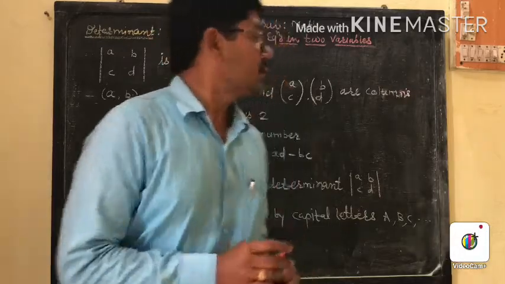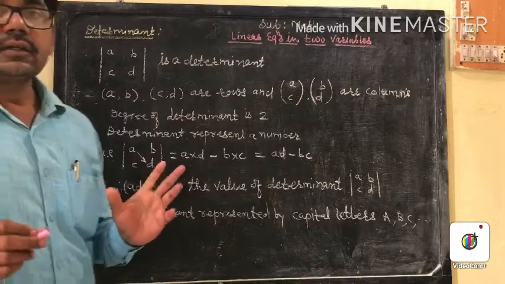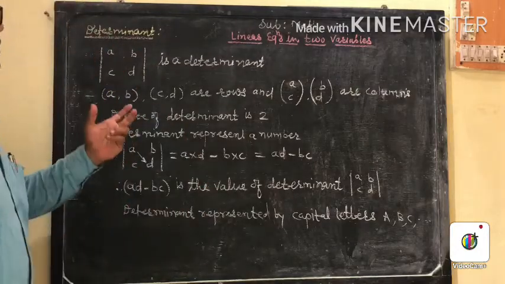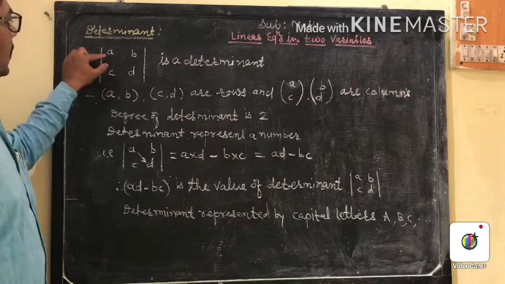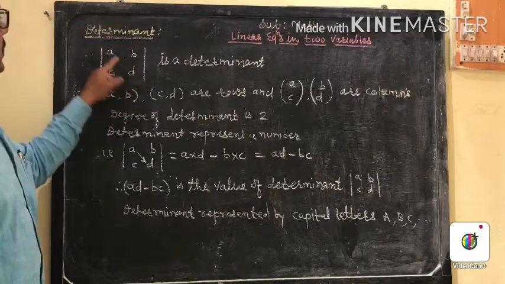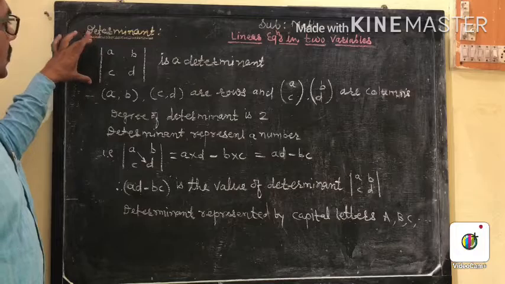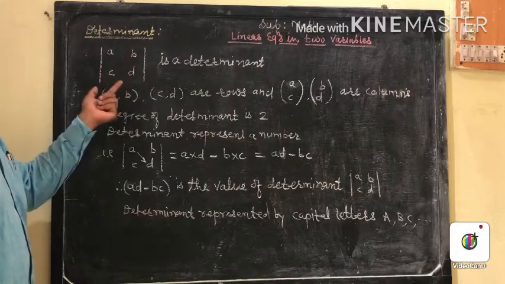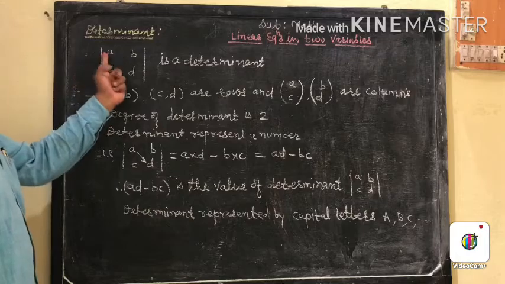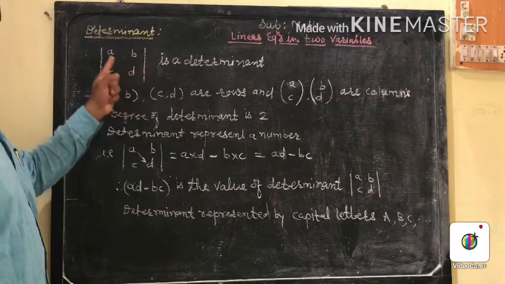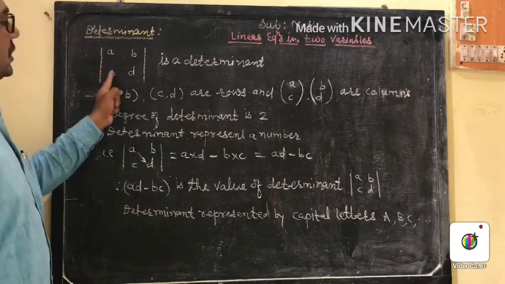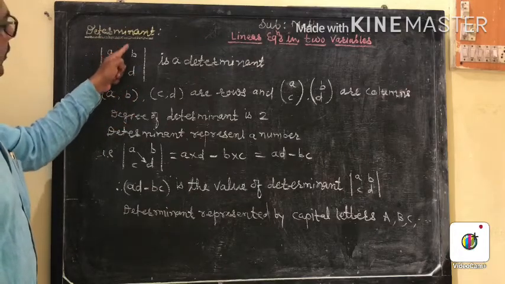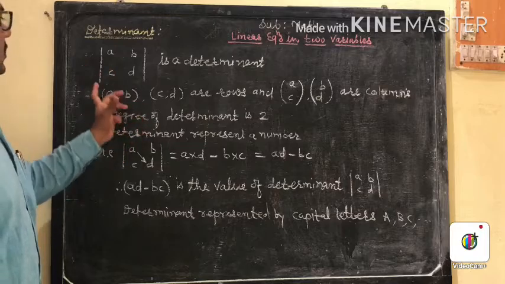The symbolic representation of a determinant is like this: a, b, c, d, with the numbers written inside two vertical bars. a, b is one row, c, d is another row, and a, c and b, d are the columns of this determinant.